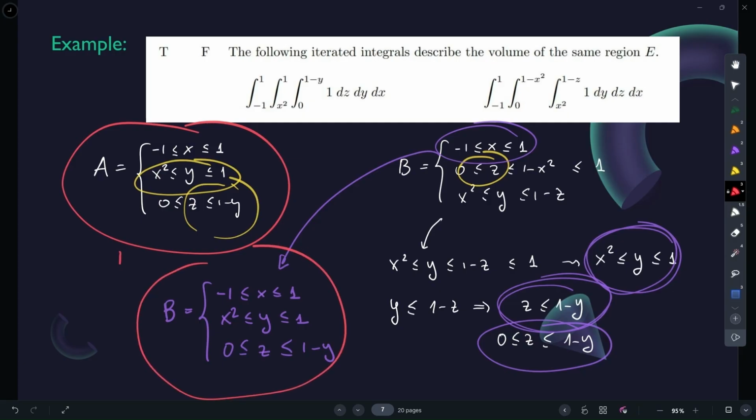So both regions are precisely the same, and my answer is yes. It is true that both integrals are describing the same region, and they're computing the same volume of the same region, which was that circular wedge.